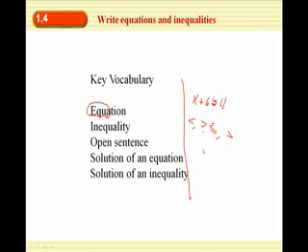And that's what that sign means. That would have an equal under it. That's what the line underneath it means, that it would be equal.